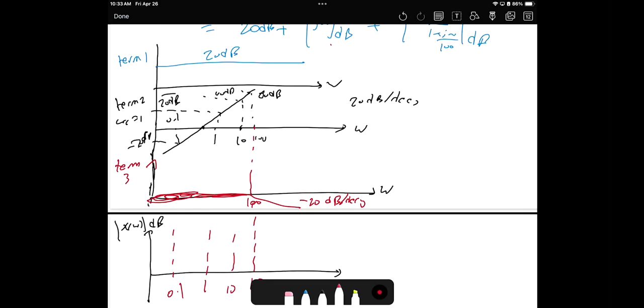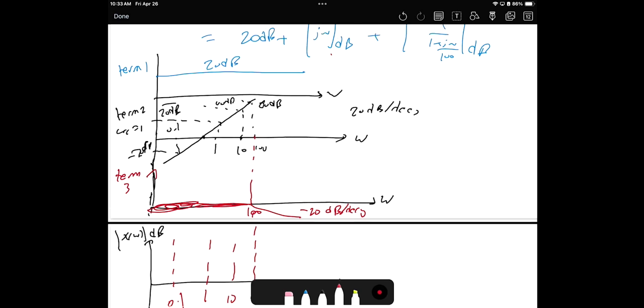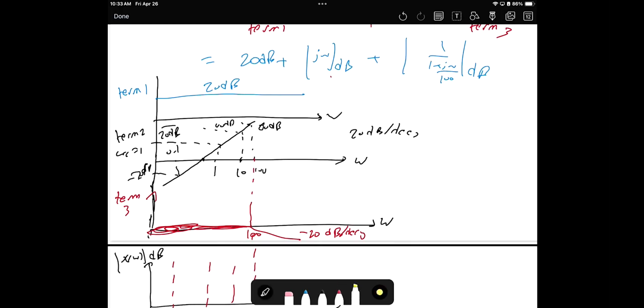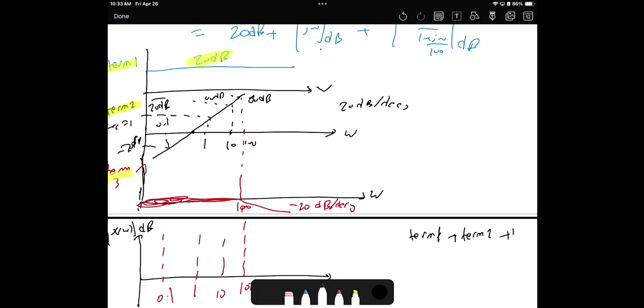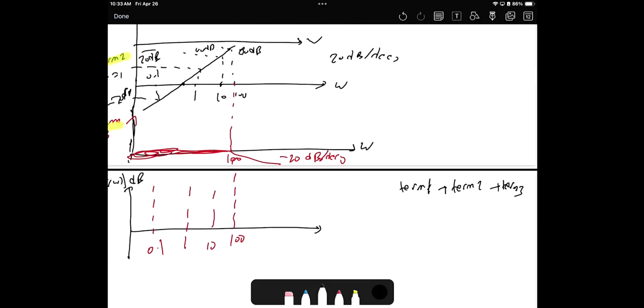At 0.1, term 2 was negative 20 dB. Here we need to sum term 1 plus term 2 plus term 3. So 20 plus negative 20 makes 0, plus 0 makes 0. So at 0.1, it will actually be 0.